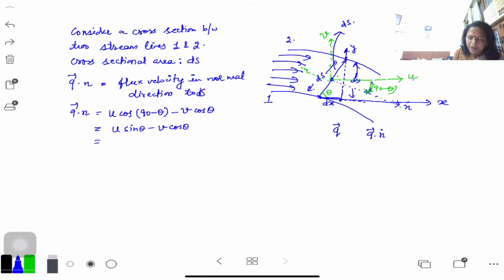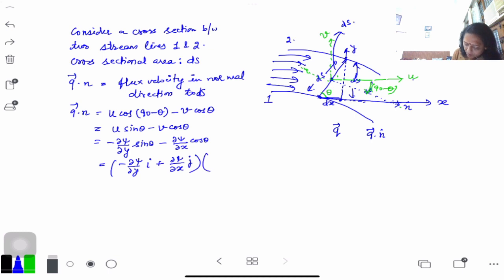If I write u and v in terms of psi, it is minus delta psi delta y sin theta minus delta psi delta x cos theta. I may write it as minus delta psi delta y i plus delta psi delta x j. Here it is sin theta i minus cos theta j.